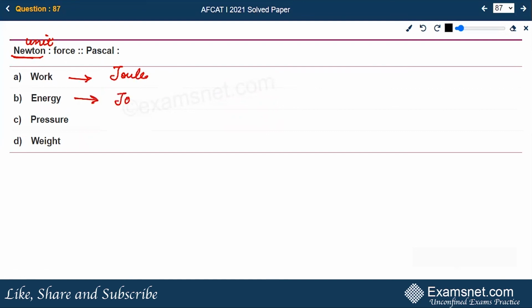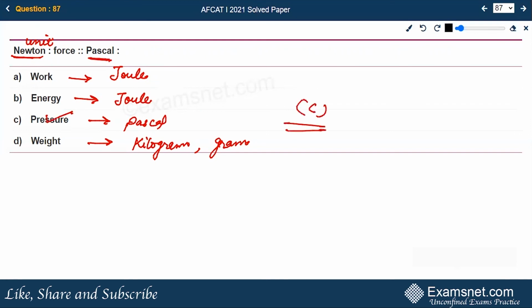Energy and work have the same unit, which is joules. Pressure is having the unit as Pascal, and weight is having the unit as kilogram or gram. So obviously you can see Pascal is the unit of pressure. Option C is your correct answer.